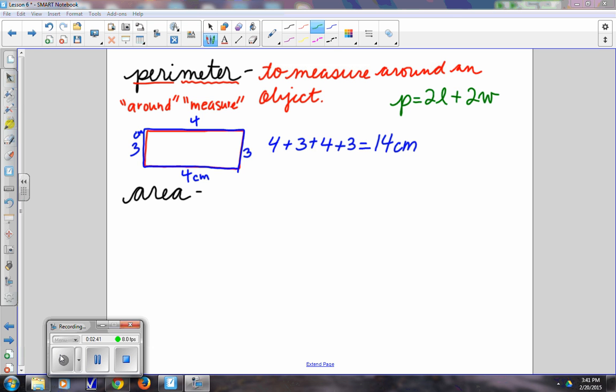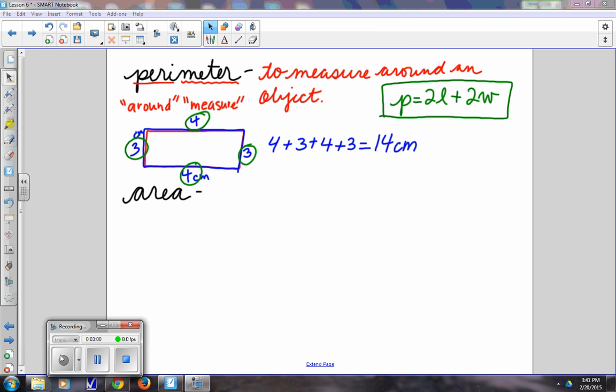So 2 times length, 2 times width, and add them together. So this is your perimeter formula. Okay? Another way that this formula can be read is P equals L plus W plus L plus W.